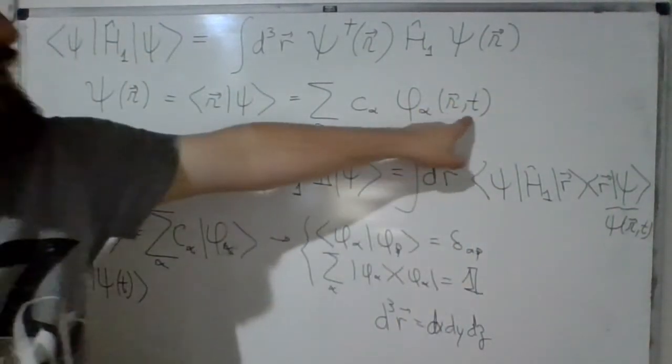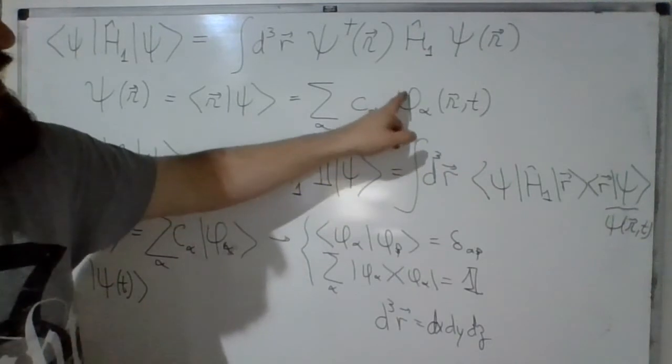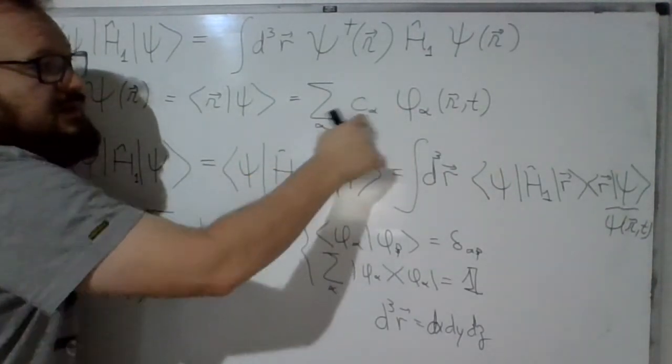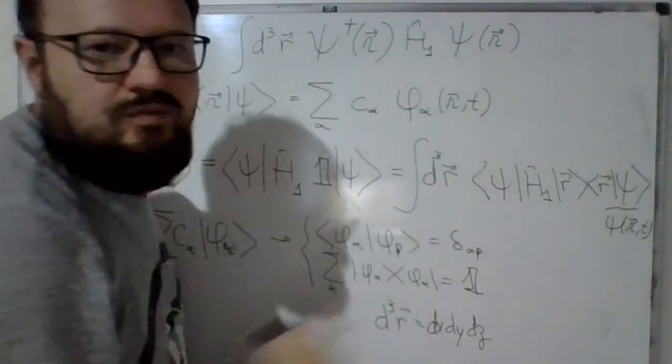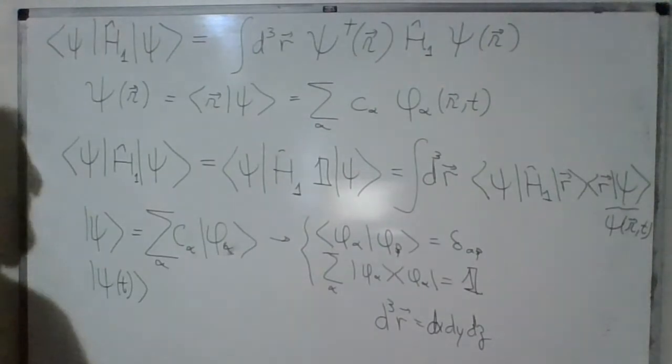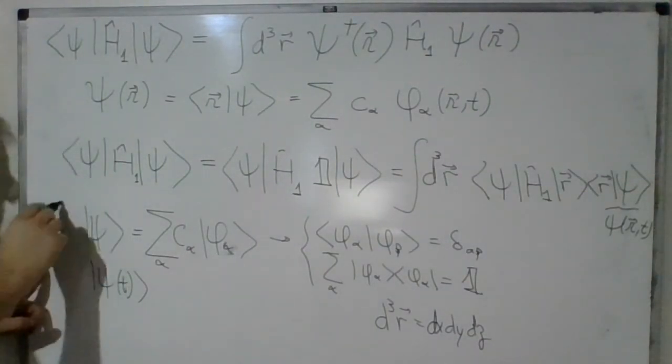Perhaps you could introduce the time dependence into the basis functions, or you could introduce it in the operators, whichever you prefer. It doesn't matter here, but it is just projecting out this state.